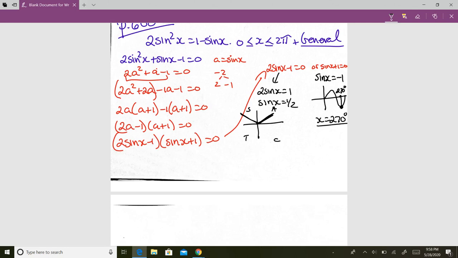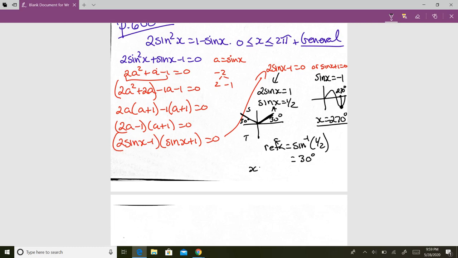And I find my reference angle by doing the inverse sine of 1/2, which will spit out 30 degrees. Make sure that's right. Yes, it is. So that means this is 30 and that is 30.